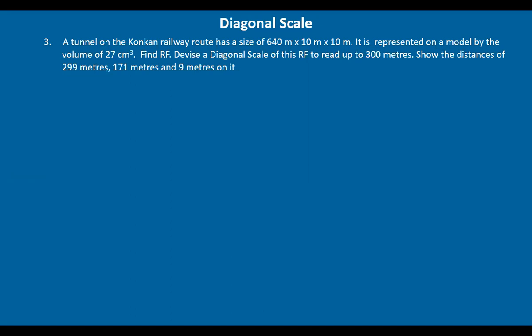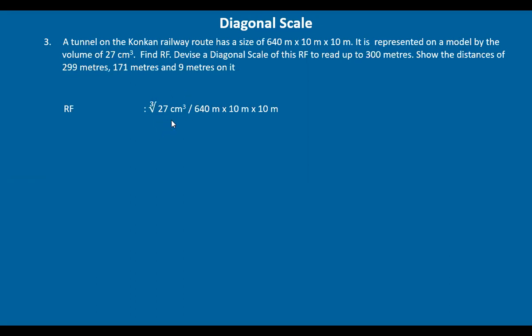In the previous examples, we have seen areas. Now volumes are given, that is 3 dimensions. That means your RF is always a ratio of 1 dimensions only. So what to do? You have to get the cube root of it.